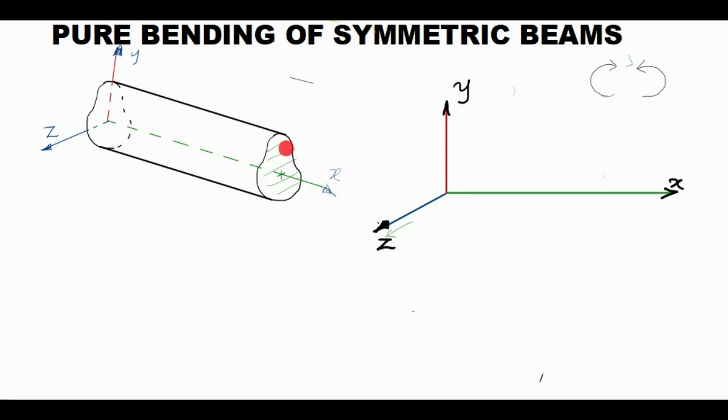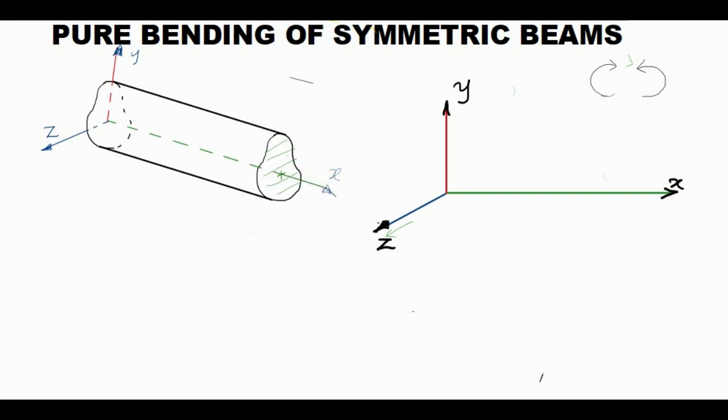In the case of bending, we have a sign convention for shear force and bending moments. A positive bending moment is a moment in the positive direction applied on a positive face, or a couple in the negative direction applied on a negative face. Here this is a positive face because the normal is in the positive x direction.